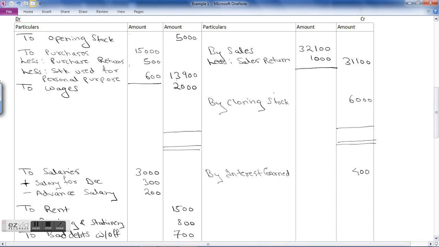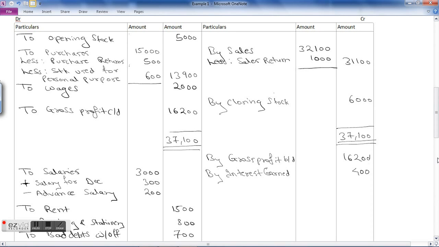Okay, so the credit side total will be how much? 37,100, less all the debit side items, that is 5,000, 3,900 and 2,000. So since your credit side is greater, gross profit carried down will be 16,200. Okay, so here before interest earned, by gross profit brought down 16,200.